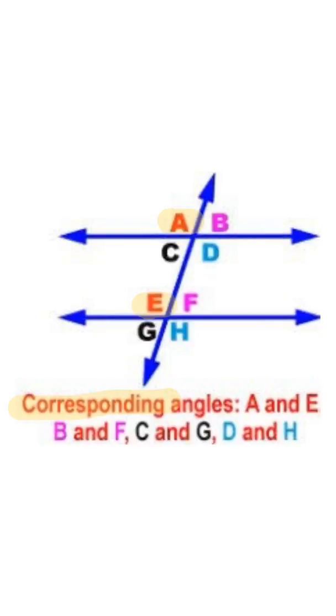Then angles B and F are in the top right of each quadrant. And then C and G are in the bottom left. And then D and H are in the bottom right. So each of those angles are going to be the same measure of degree.